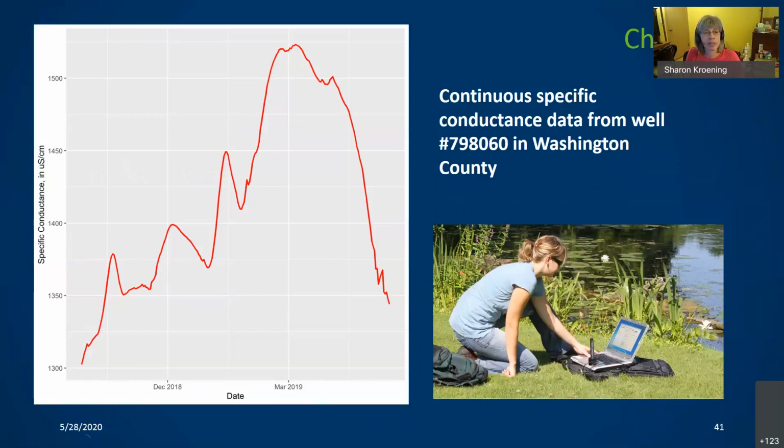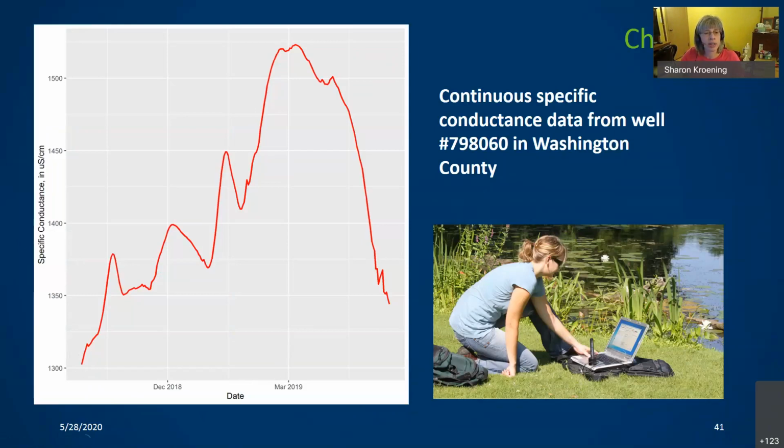Specific conductance just measures the electrical conductivity of all the ions in the water, but it can be used to give an indication of how much chloride can be changing in the groundwater. And here is one trace of the specific conductance in the groundwater near a well that we've got installed by Square Lake Park in Washington County.